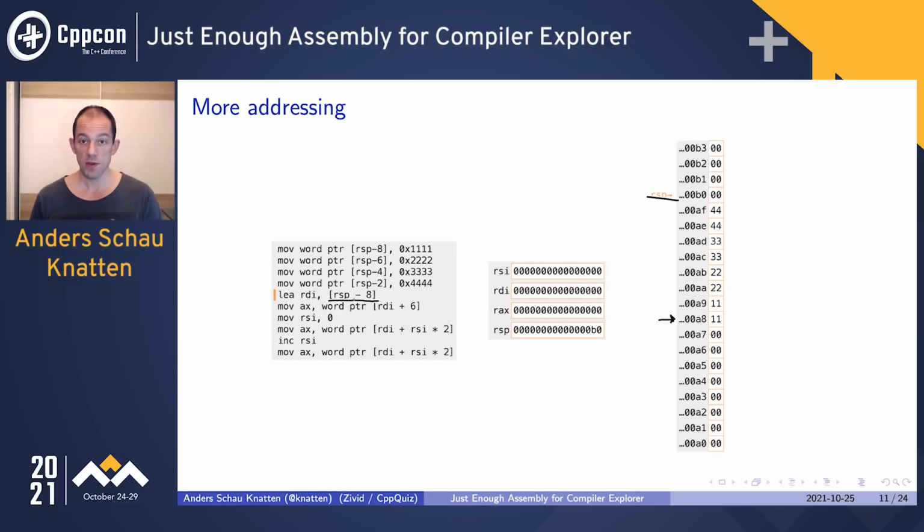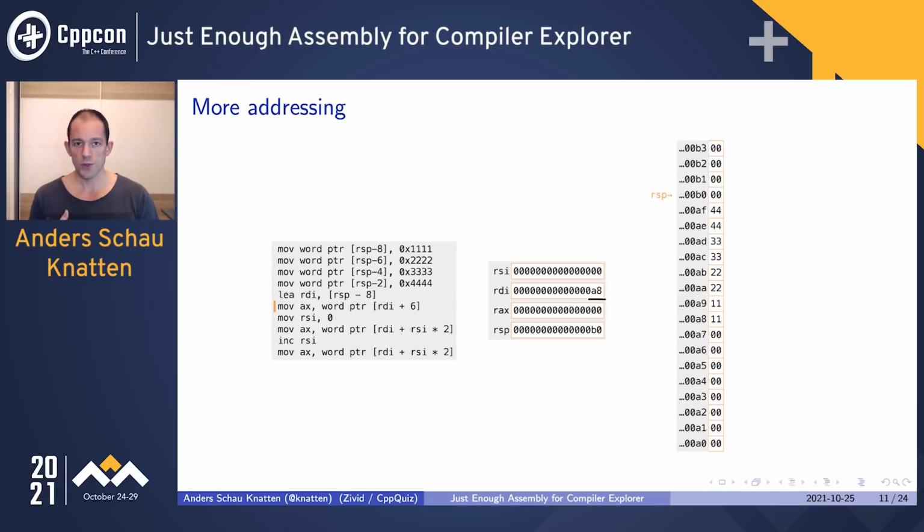And then instead of dereferencing that value, it says, well, store that address itself into some register. Let's just use RDI for storing that. All right, so now we say load effective address RSP minus 8, that's A8, put it into RDI. If we execute that, now RDI has the value A8, and that's now a pointer to the beginning of the bytes that we decided are an array.